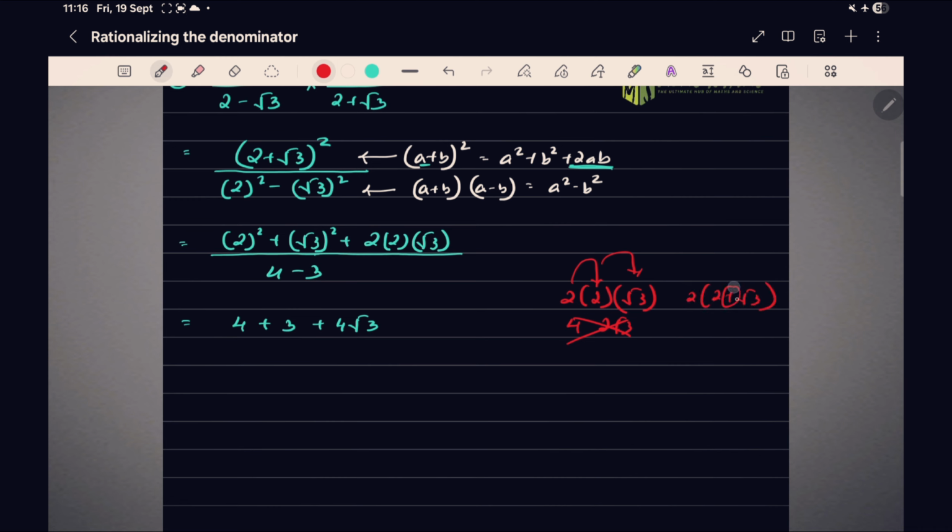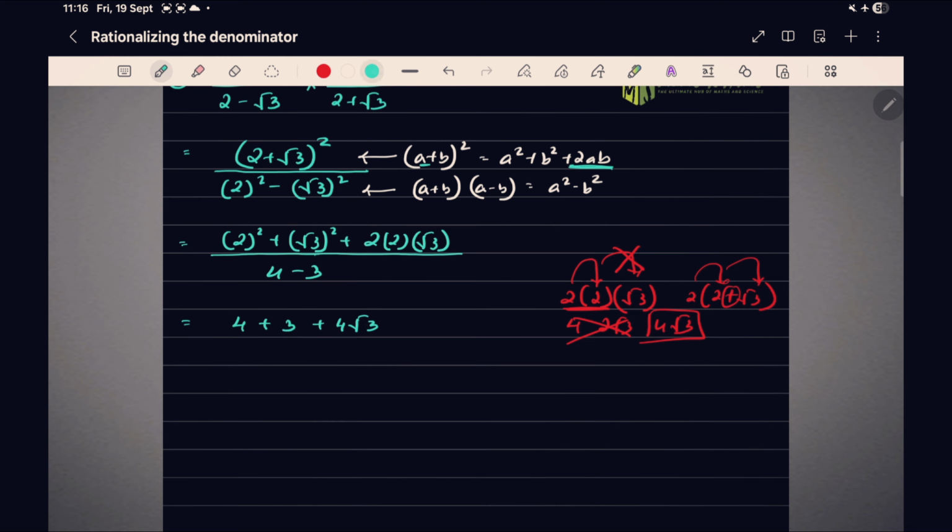If it would have been a plus or minus sign in between, then only 2 is going to get multiplied. Not in this condition. This is straight away 2 2s are 4 and root 3 stays as it is. So please do not multiply it twice. That's how I got 4 root 3.